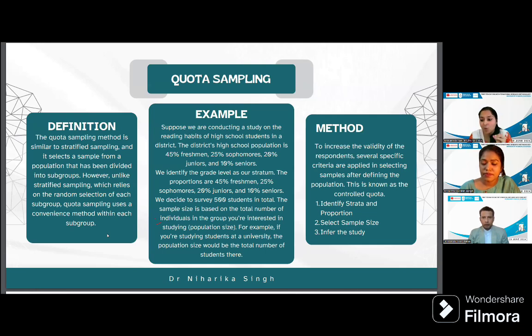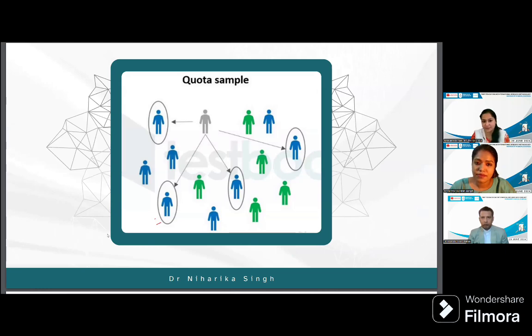Thereby, quota sampling is extremely important where you want to do a study which is representative of its proportional sampling in your research methodology or your research work. It is very useful, especially in project works. So this is the kind of quota sampling.